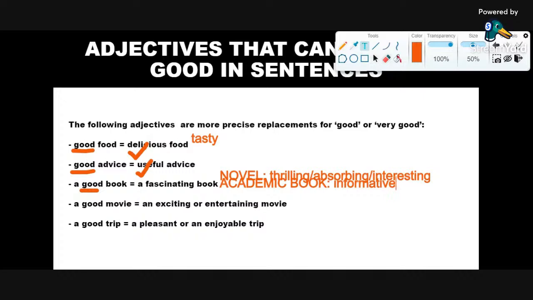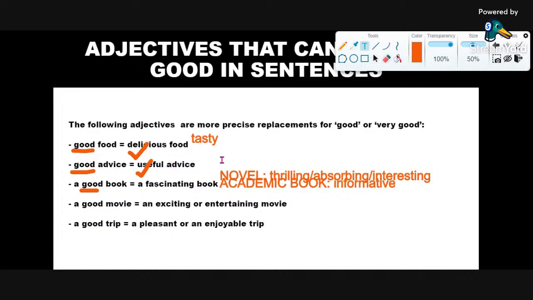It can raise the issue of ambiguity, that you don't know exactly what meaning you are referring to. Are you saying that the book is a fascinating novel, or in terms of its volume, in terms of its content? So when you talk of precision, there are a lot of adjectives that can give you a more precise description of something than simply saying that something is good.